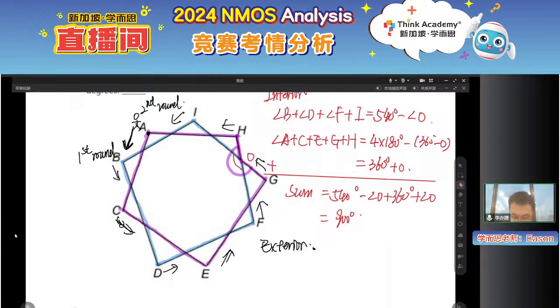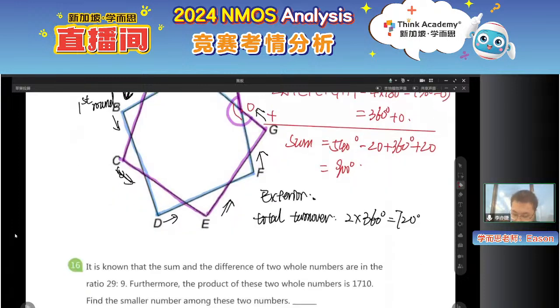So now the total turnover would be 2 times, because a full turn around is 360 degrees. So this is the sum of the exterior angles of all these angles.